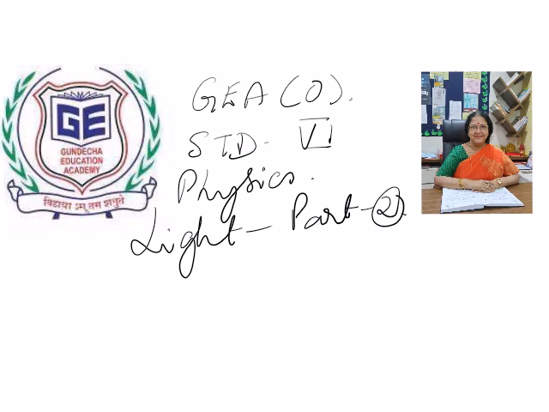This is part 2 of light. In part 1, I have taught you about the different types of substances: opaque, transparent, and translucent substances.